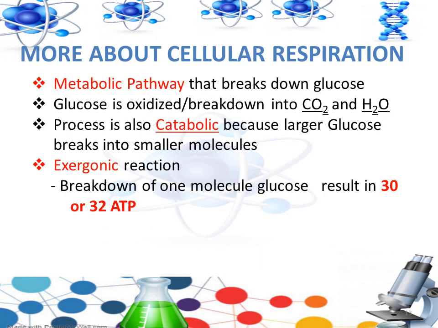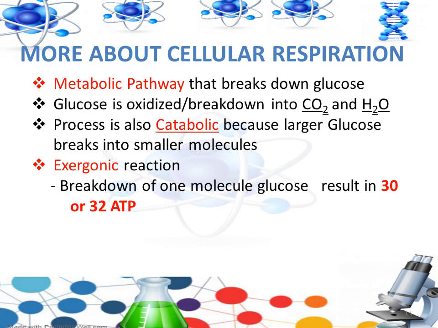Now I will try to simplify cellular respiration. Basically, cellular respiration is the breaking down of glucose. One molecule of glucose is oxidized, or broken down, into carbon dioxide and water.